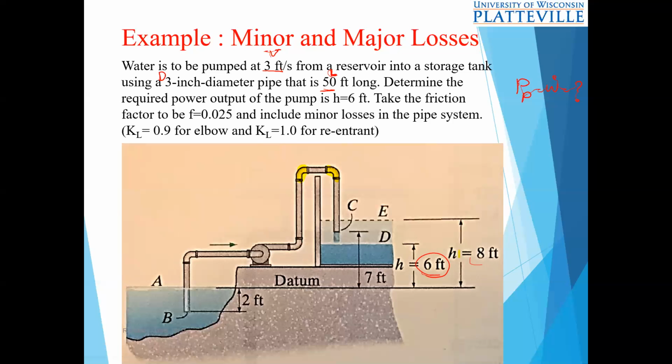So let me use a highlighter, and here is the third elbow, and here is the 4th elbow. So I have 4 elbows and 1 reentrant. So here is a reentrant. This is all the minor losses I have in the system.